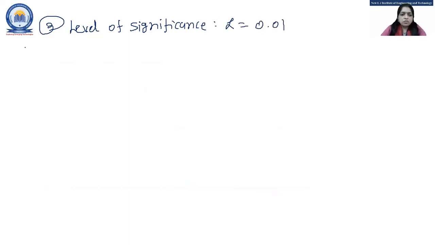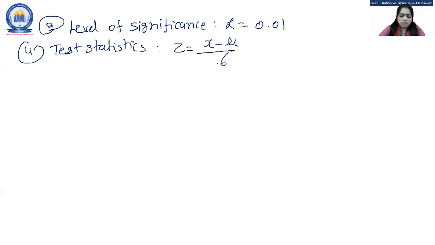The next one, the fourth step, is the test statistic. The test statistic is Z is equal to X minus mu upon standard deviation. After substituting all values and simplifying, my answer is 2.08.